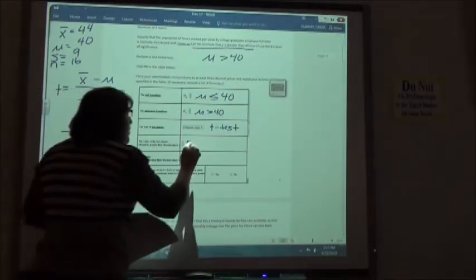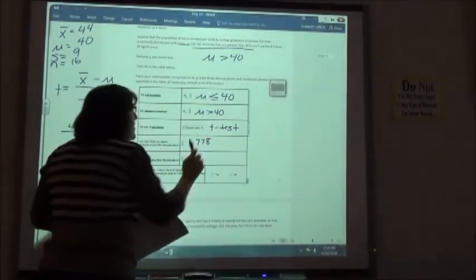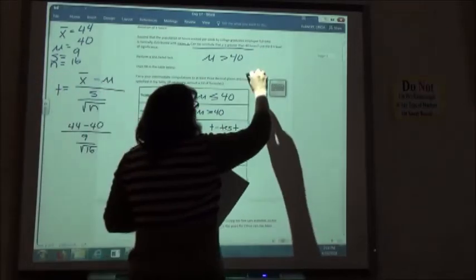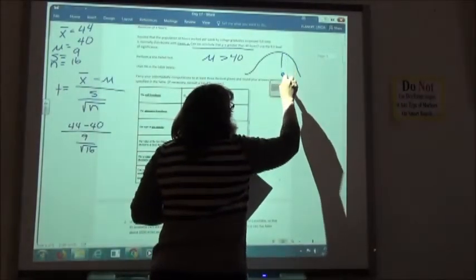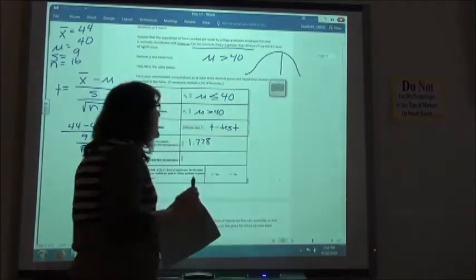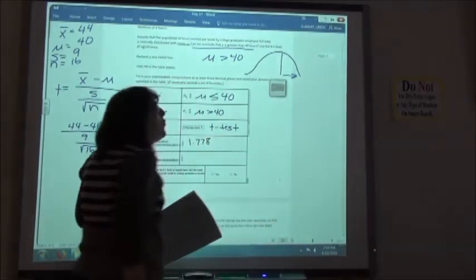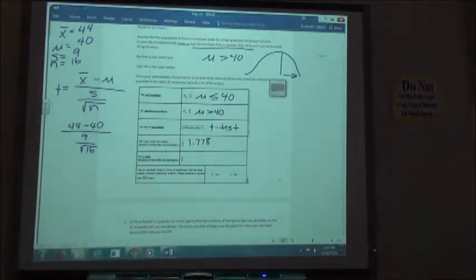Yep. 1.778 is our test value. So when we're thinking about this, we're going to think about our curve. Our critical value is 1.778. We are testing, is it greater in that section, right? Mu is greater.